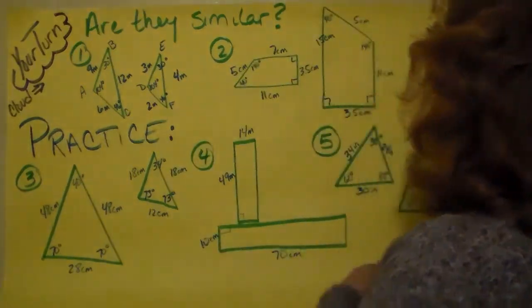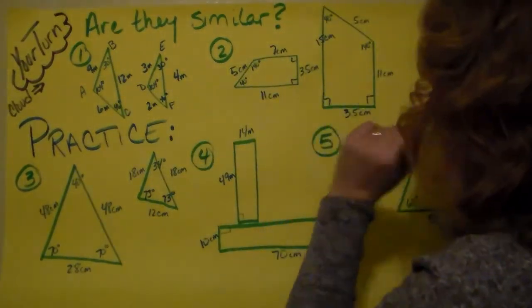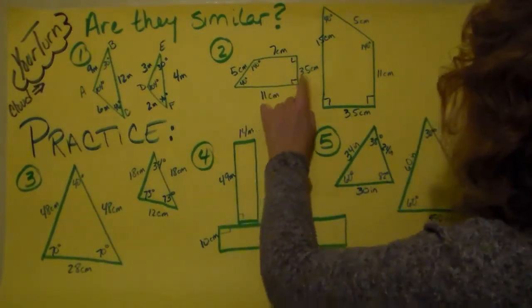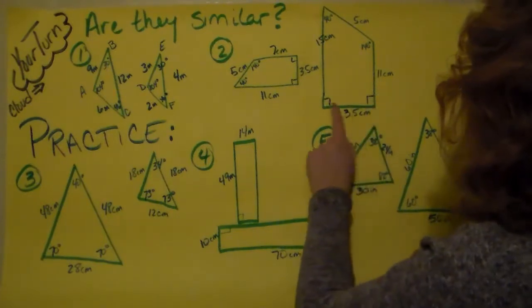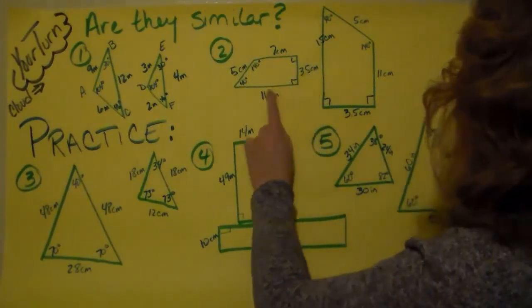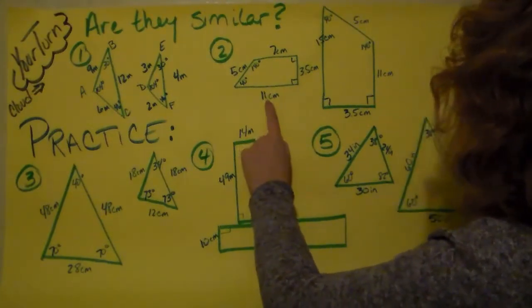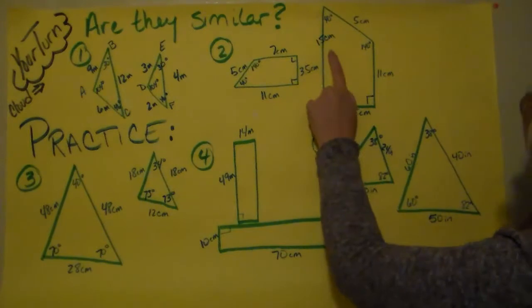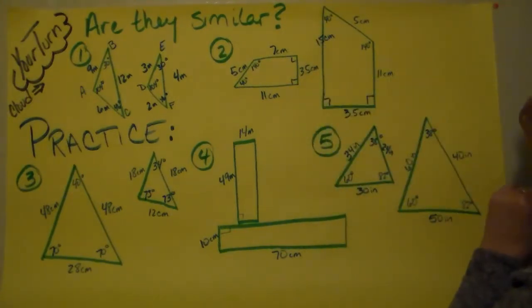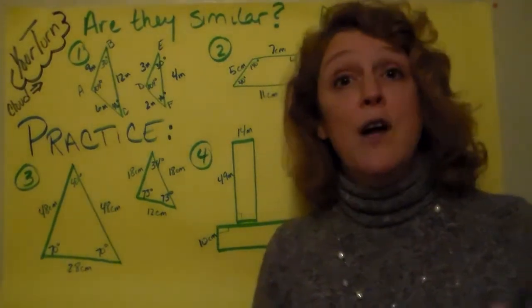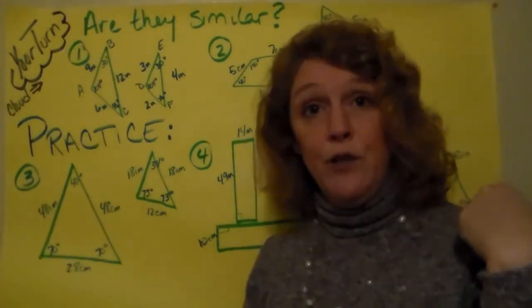Number 2, I've got 2 trapezoids. Angle measurements 40, 140, 90, 90. I've got 5, 7, 3.5, and 11 centimeters. I've got 5, 11, 3.5, and 15 centimeters. So your job is to figure out, are they similar or not? Push pause and come back when you're done.